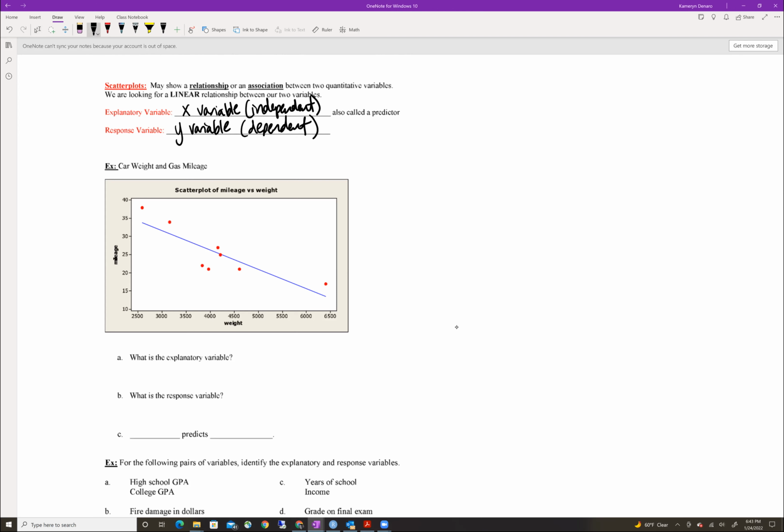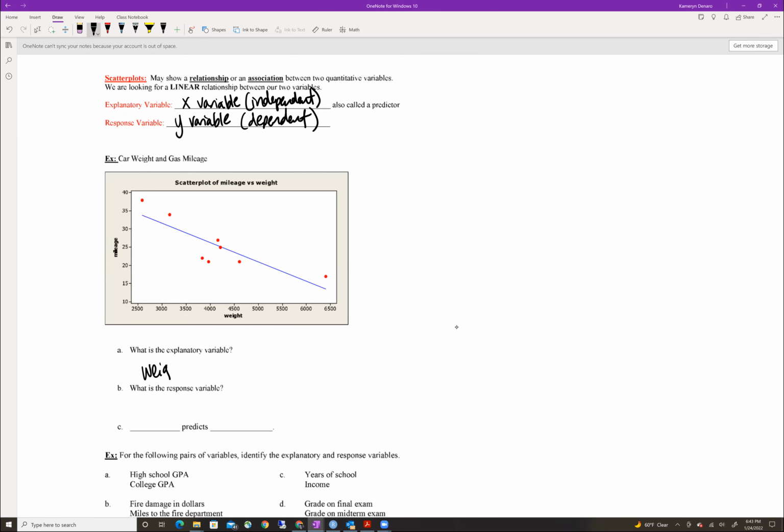We can see as the weight of the car increases, the gas mileage gets worse and worse on average. So in this case, the explanatory variable would be the weight of the car. And the response variable is the mileage. So in general, we say that the weight of the car can predict the mileage we're going to get.